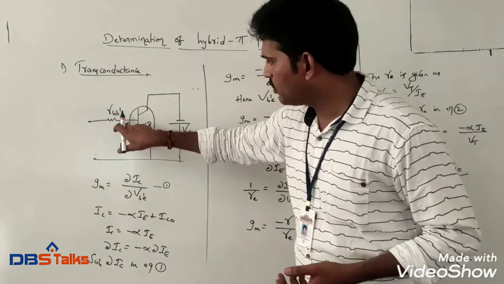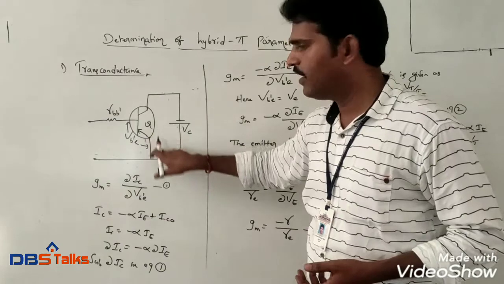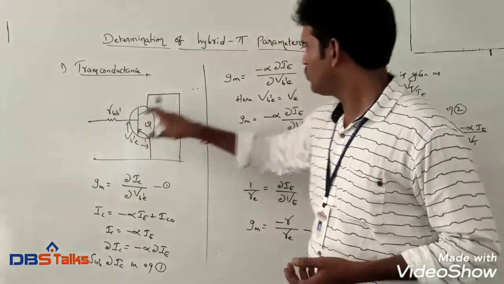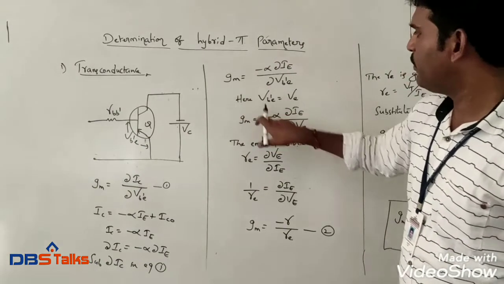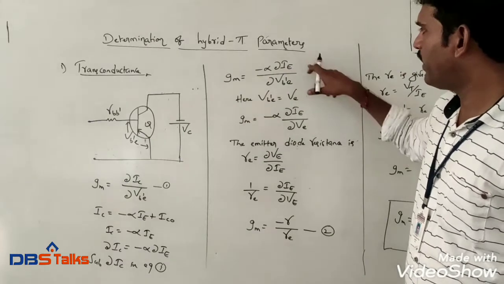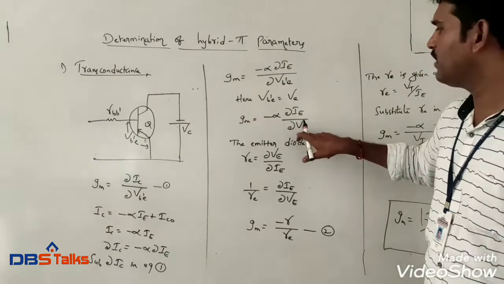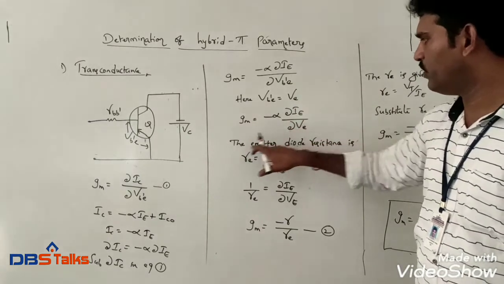So this voltage is the voltage between base and emitter, and we can write VB' equals VE. Then gm equals minus alpha dou IE by dou V.